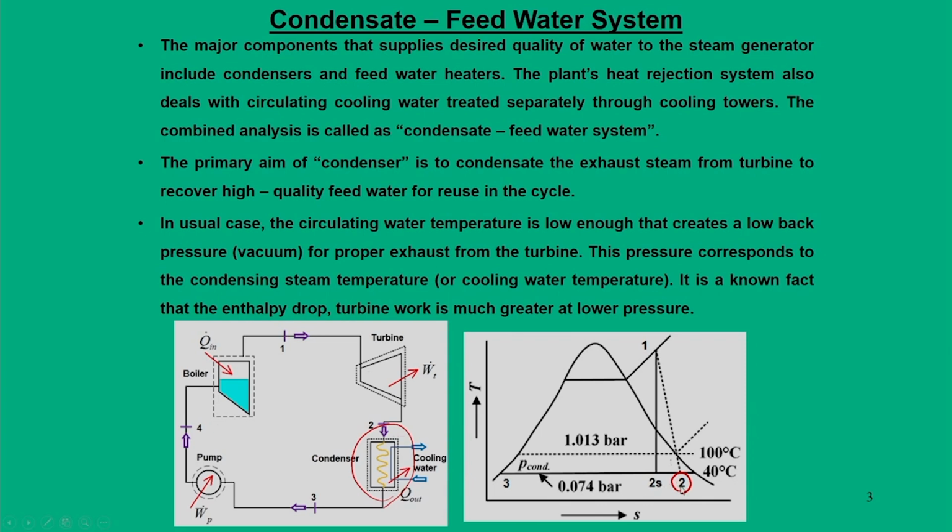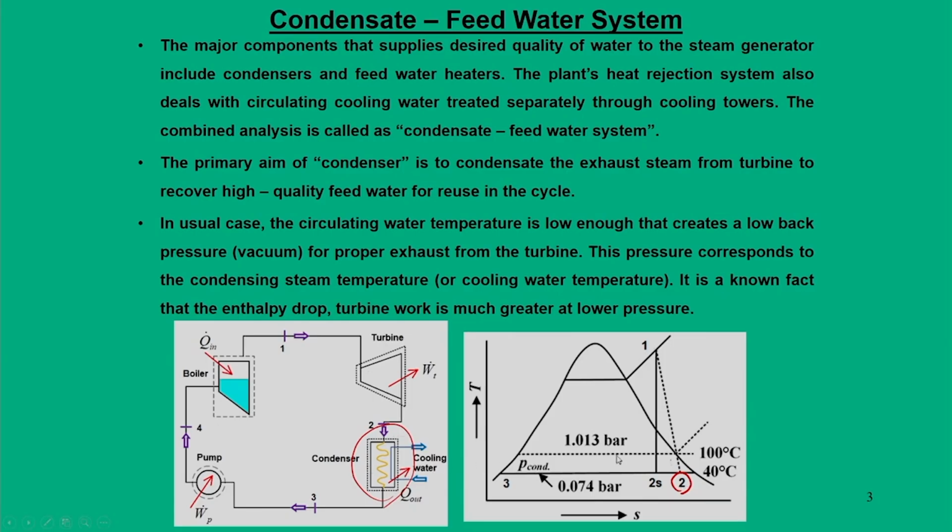Now, while reaching state 2, the steam condition is either in the superheated region or in the liquid-vapor region. But this steam has to release its heat in a unit called the condenser.